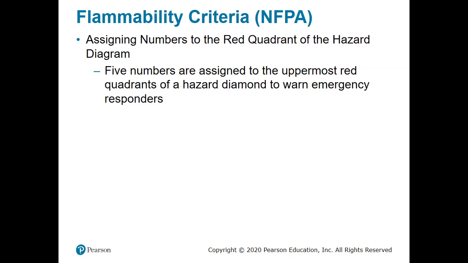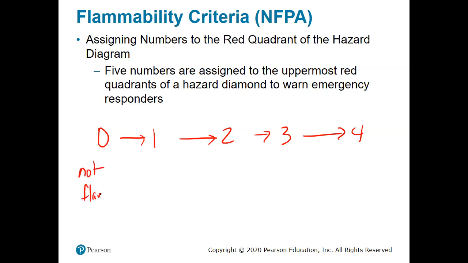Well, as you know from chapter 1, you can have a designation of 0 to 4 in these quadrants, where 0 is basically not flammable, and 4 is extremely flammable, and the other 3 kind of vary in shades of gray between the two.